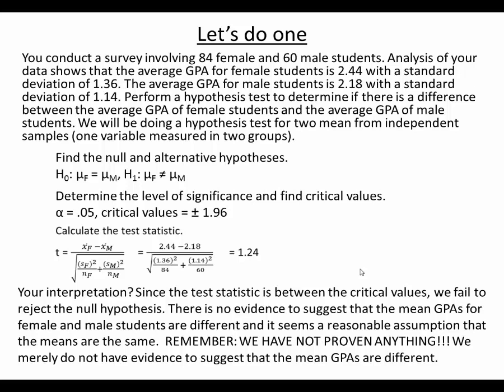But for this particular sample, these 84 females and 60 males, there's no evidence to suggest that overall females have a higher GPA or males have a lower GPA. Again, we haven't proven anything, we just don't have evidence to suggest that the GPAs are different.